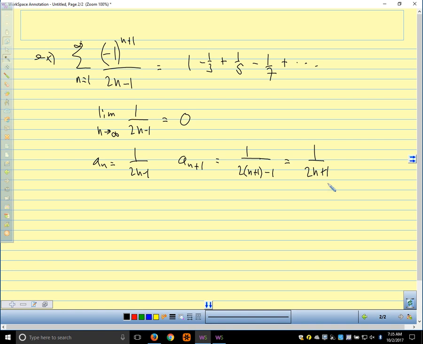And it's pretty clear that 1 over 2n plus 1 is always less than 1 over 2n minus 1 for n greater than or equal to 1. So a sub n plus 1 is less than or equal to a sub n for n greater than or equal to 1. So we're good there, so the series converges.